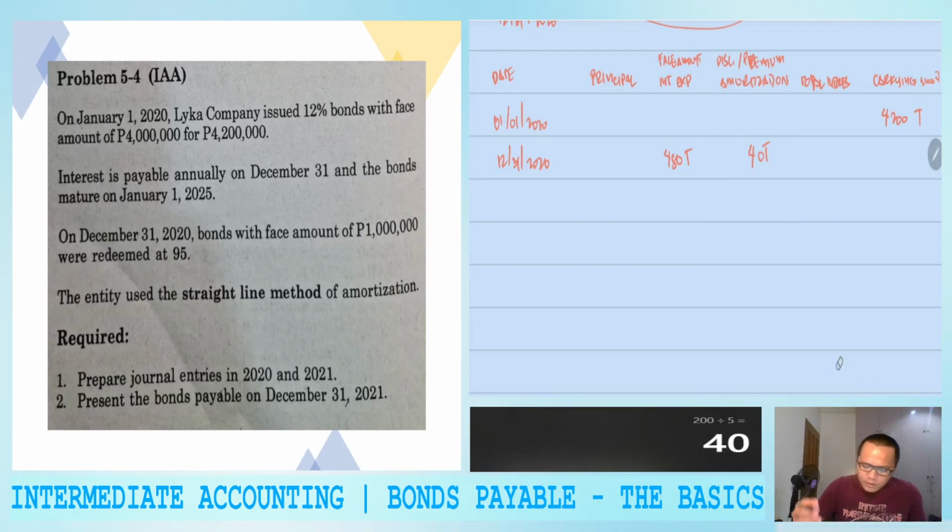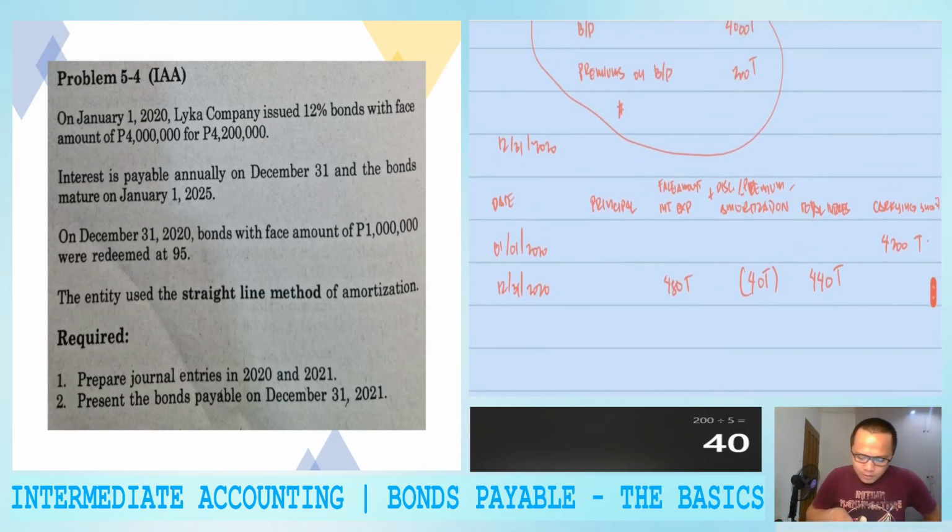Okay. Annual amortization. So, pag premium, di ba? Premium to. Minus, pag discount, add. So the total interest expense as of December 31, 2020, that is 440,000. Deduct kasi nga premium. Okay? And ang effect niyan per hour carrying amount, di ba?